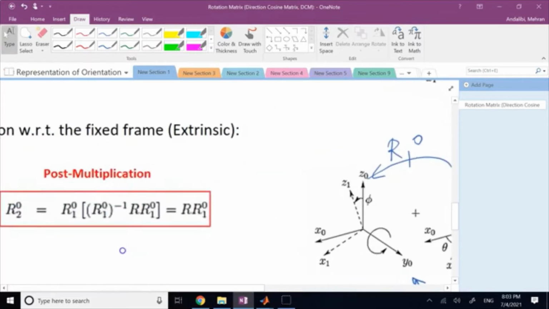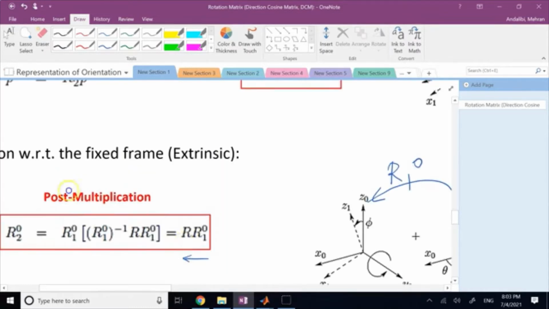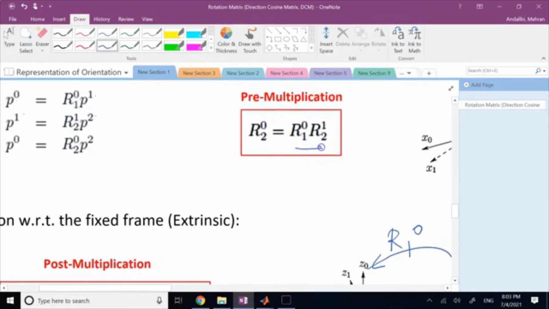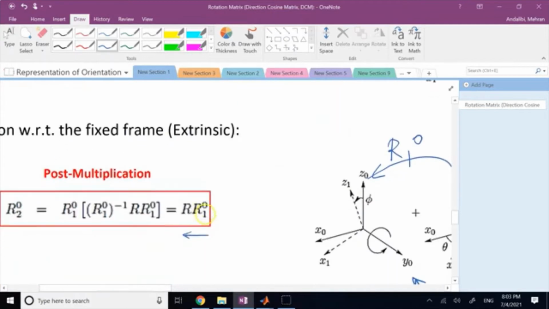You first put the last rotation, then the second and the first. The order is reversed. Or if you want to say you start from the beginning, the first matrix, you put it on the right and then go to the left. You go from right to left and multiply from first one to last one. Here you went from left to right when you go from first one to last one. So this is called pre or left multiplication. This is called post or right multiplication.